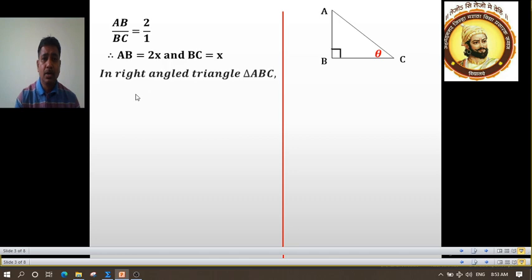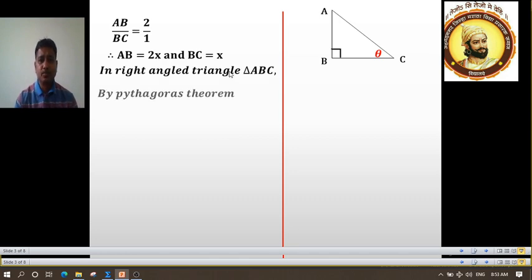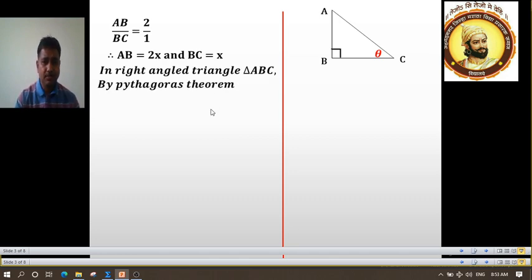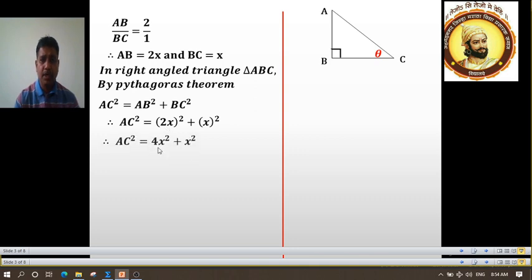So in right angle triangle ABC, by Pythagoras theorem, AC square is equal to AB square plus BC square. Now substituting the values of AB and BC, AC square is equal to (2x) square plus x square. Now (2x) square is 4x square plus x square.